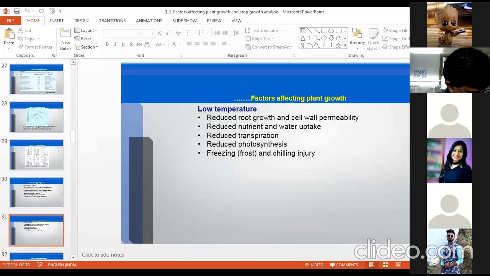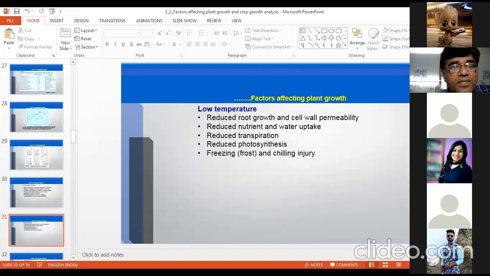You can also have low temperatures. There may be two extremes. One is high temperature. High temperature will also affect the growth. High temperature can increase the transpiration. It can increase the respiration. It can affect the protein synthesis. It can affect the uptake of the nutrients. So higher temperature is also not good.